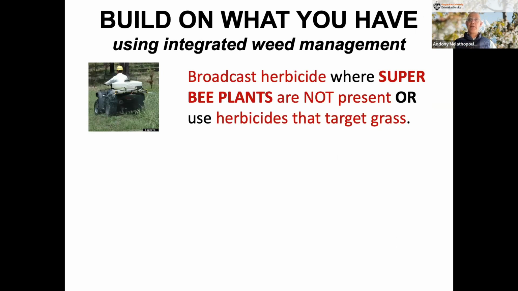If you have a lot of these bee plants present, then what you might want to do is use herbicides that target grass. None of the grasses are going to be for the bees. So it's real easy to control, use something like Post or something and just get that grass gone and, with that competition out of the way, a lot of those bee plants will start to come in.